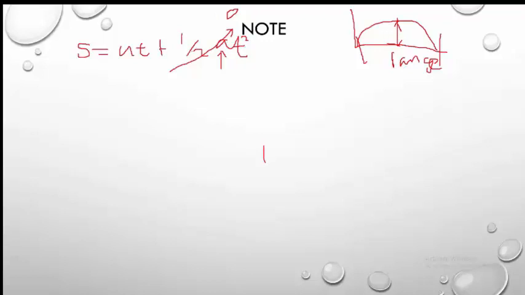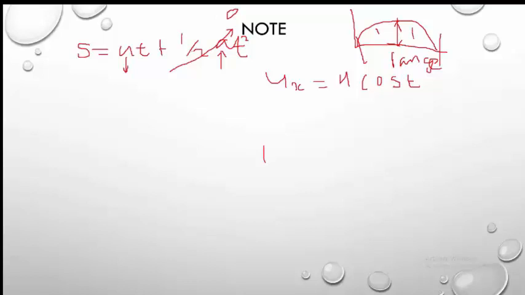Then what is my initial velocity on the horizontal? My initial velocity on the horizontal, ux, is equal to u cos theta. What is my t on the horizontal? This is total time. Don't forget that we find the time at this point and the time at this point, and we find the time for the two of them.